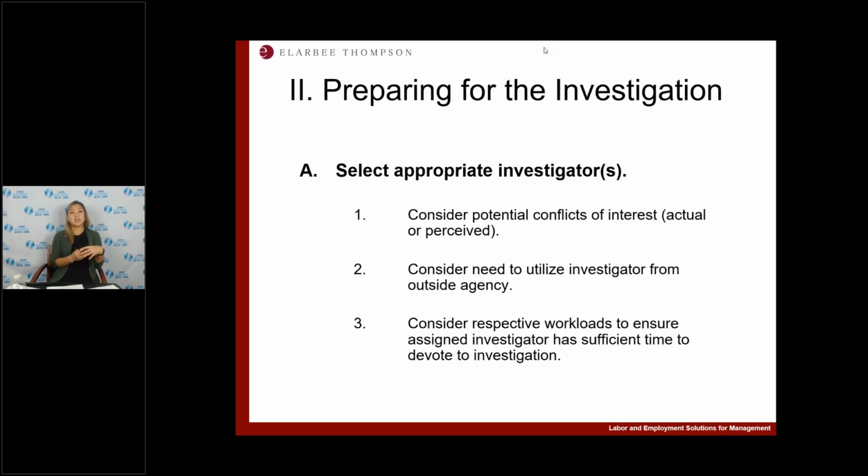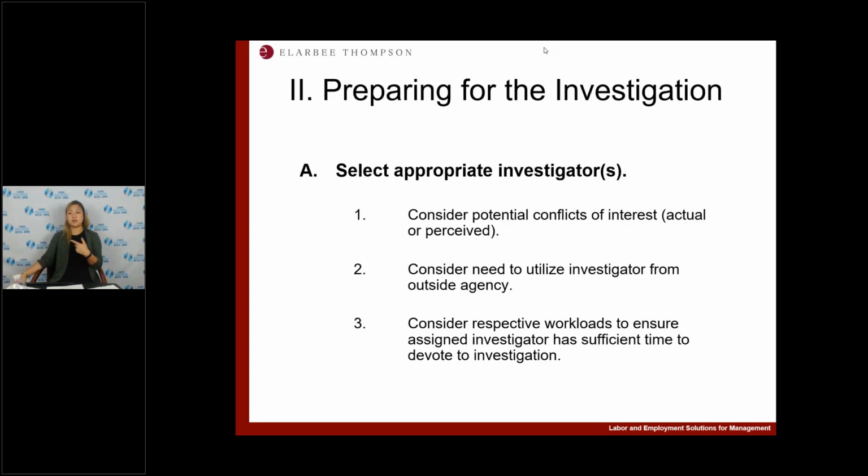But in this case, because there were so many complaints within one department, the employer decided that it needed an outside investigator, that clearly there were a lot of issues bubbling under the surface that were causing people to file 10, 15 complaints. And that's when you might want to consider whether you need an impartial person outside of the agency to conduct the investigation.